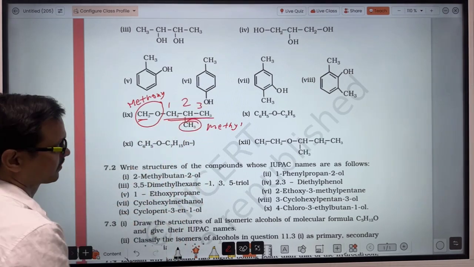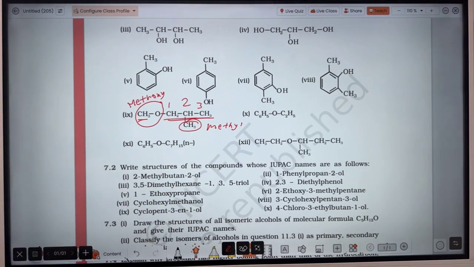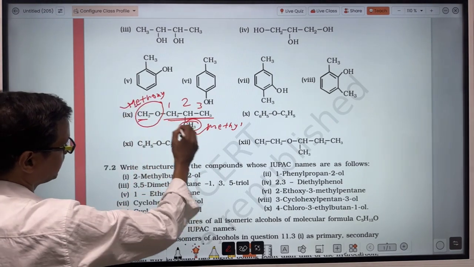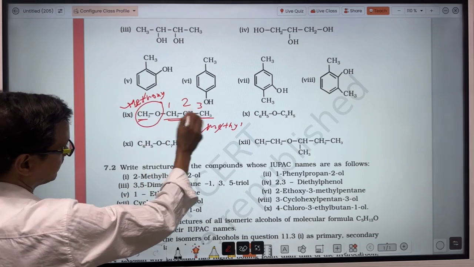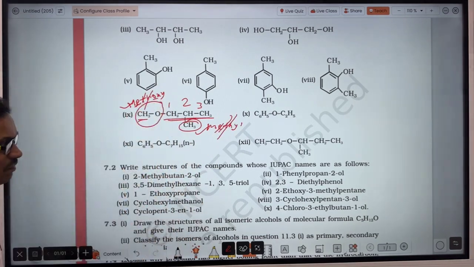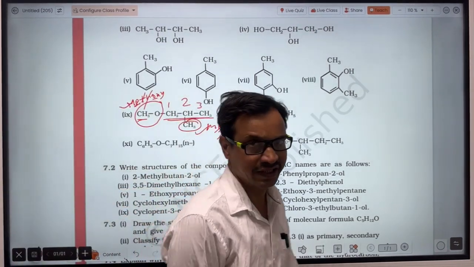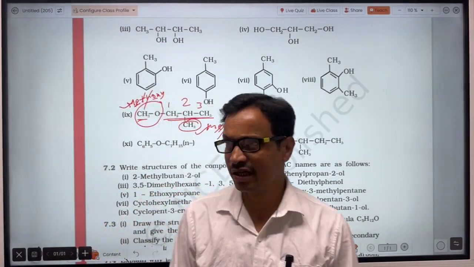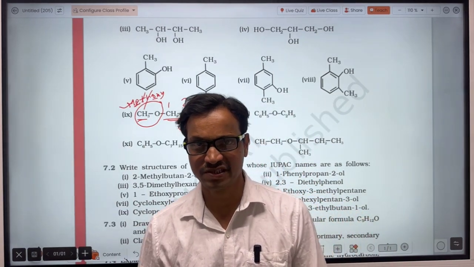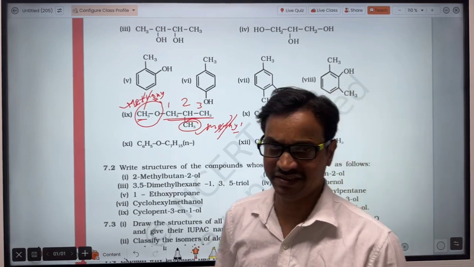So 1, 2, 3, here it is methoxy, it is methyl. Now consider the alphabetical order. M, then E, then T, then H, but here O comes first, and here Y. So in alphabetical order methoxy comes earlier, because here is O and here is Y.